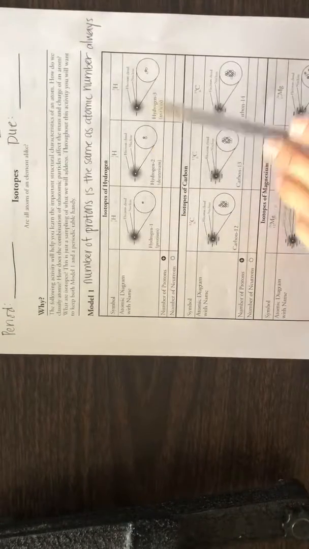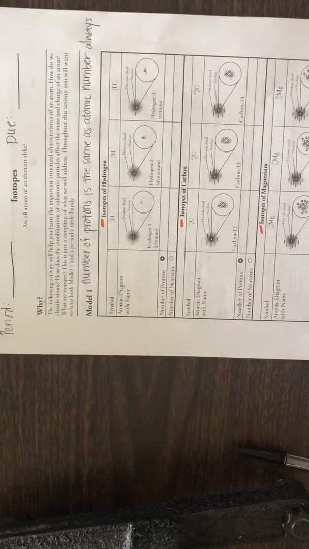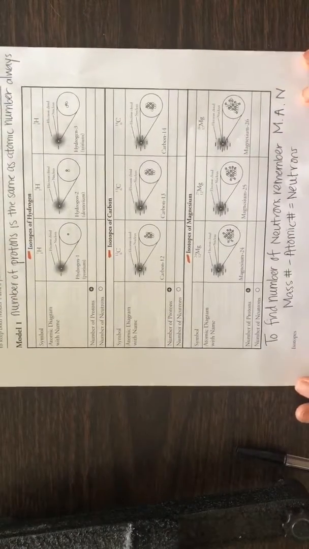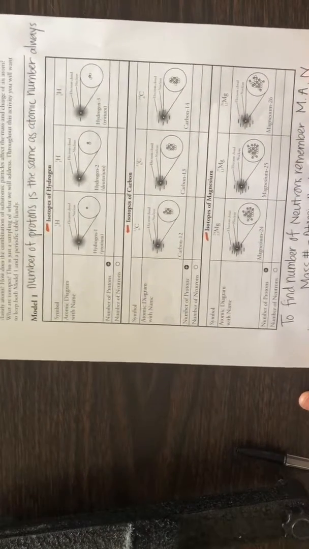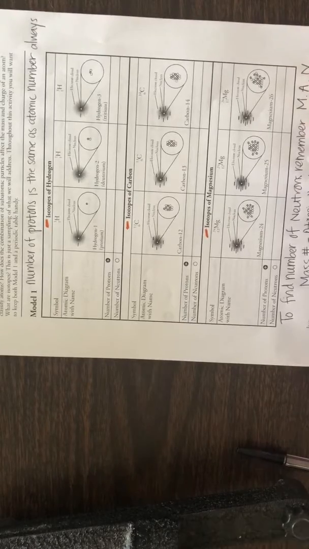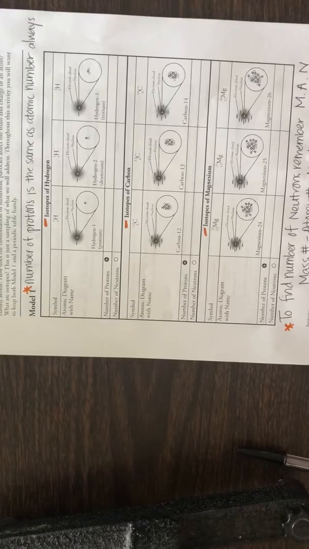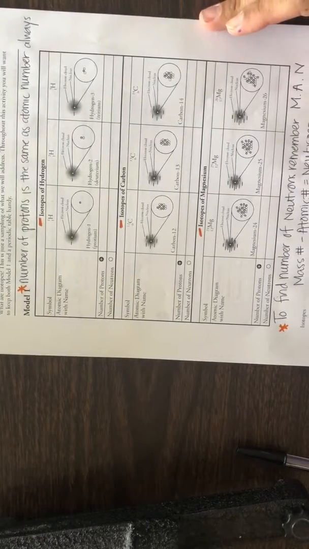There's 3 different isotopes of each. So we have isotopes of hydrogen here, isotopes of carbon, isotopes of magnesium. You can write down the little notes I wrote at the top and at the bottom when we get there. So the number of protons is the same as the atomic number, and that's never going to change.